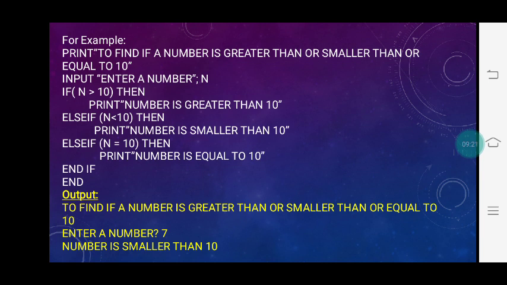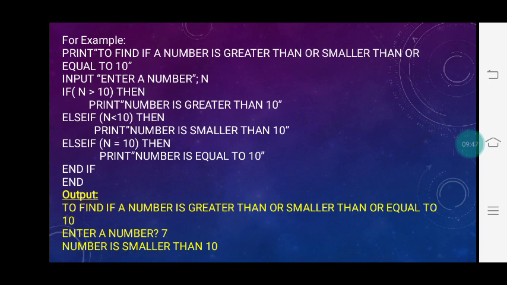This is the title of our program. The first condition is n is greater than 10. The second condition is n is less than 10. And the third condition is n is equal to 10. Here the user gives the input as 7. So let us check the first condition. Is 7 greater than 10? No, this is false.